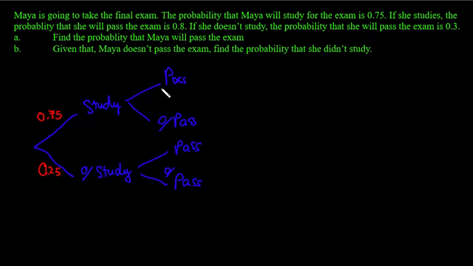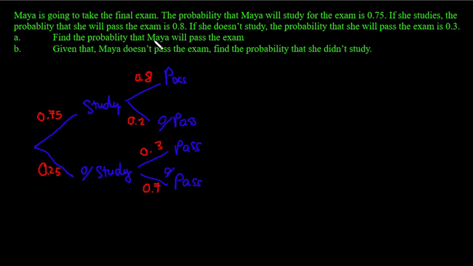If she studies, the probability that she will pass is 0.8, and the probability that she will not pass is 0.2, because these two add up to 1. And here is 0.3 and here 0.7.